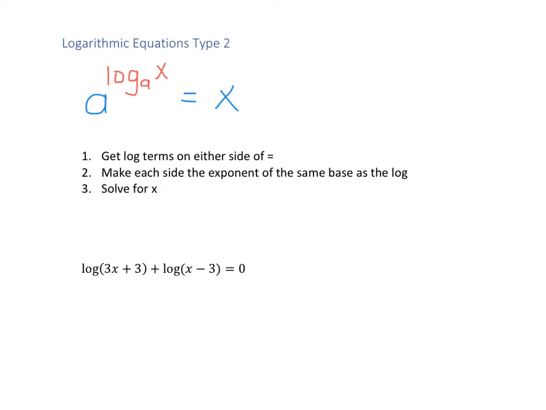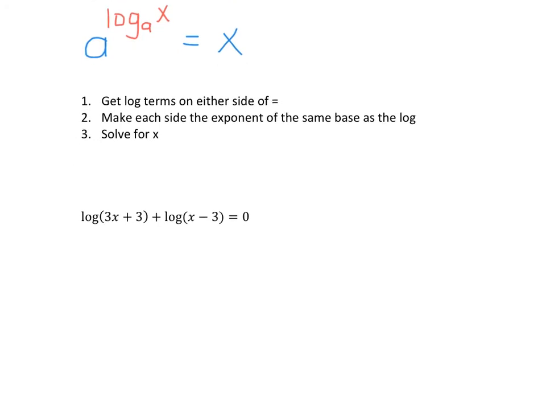Because exponential functions and logarithmic functions are inverse functions, they undo each other and we are just left with the input of x. So the steps to solve these types of equations: we want to get log terms on either side of the equal sign. We want to make each side the exponent on the same base as the log, and then solve for x.